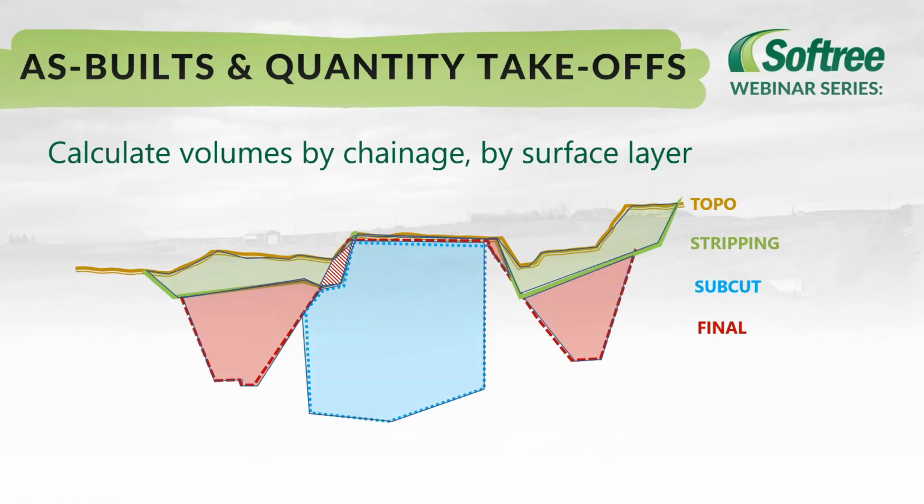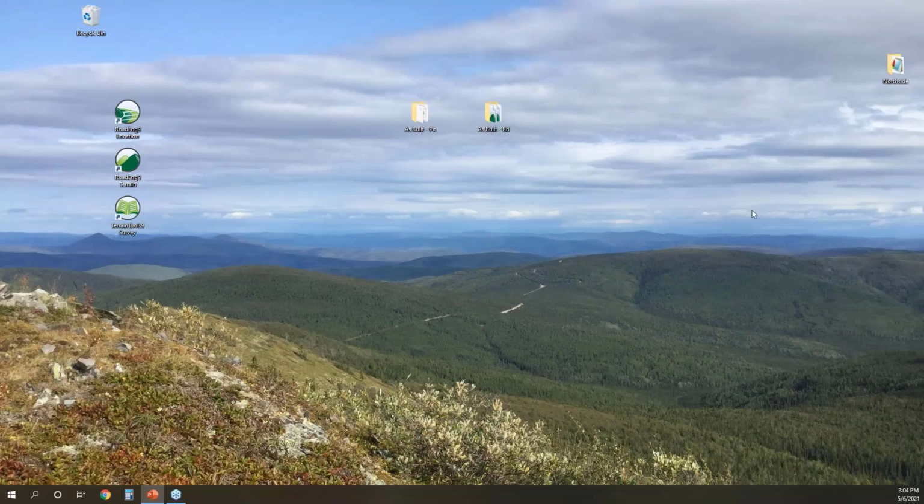As Andy introduced, it's going to start out pretty straightforward, and as we get into this, there are a couple of items that are a little less intuitive, but pretty easy once you know how things work. So with that, let's get out of PowerPoint and jump into the software.